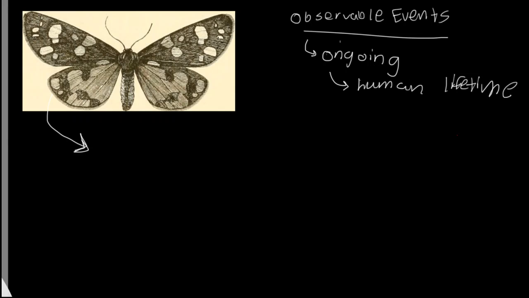But now the moths with black colored wings were not picked off by predators because they could hide in with the coal. So this shows how these observable events can change over time.